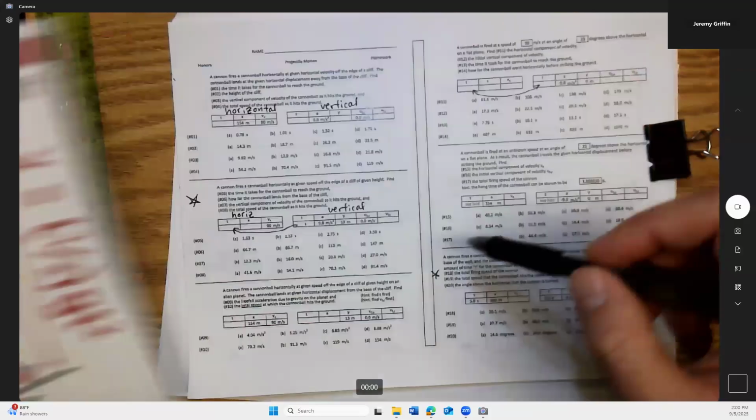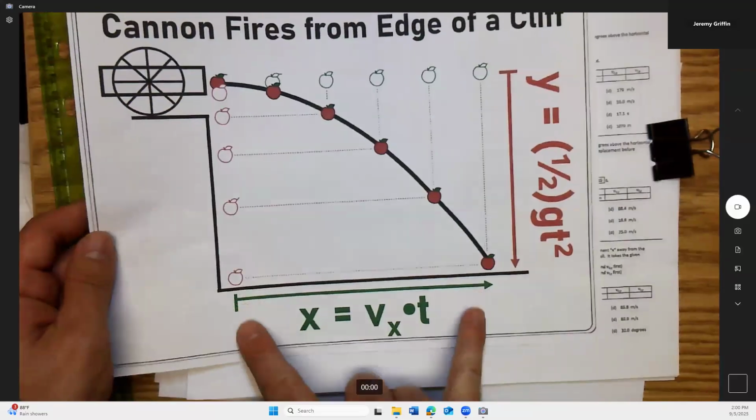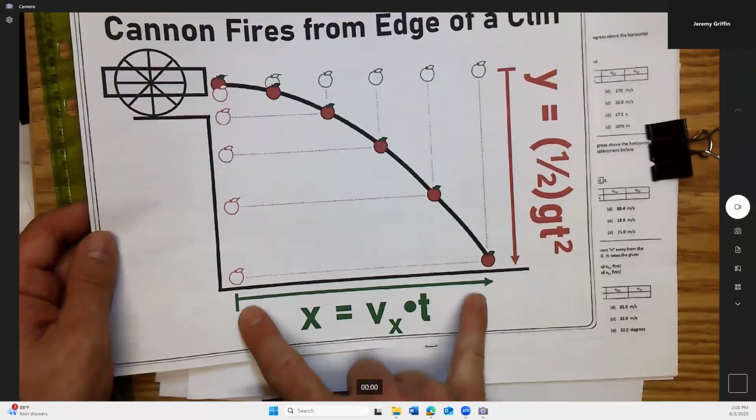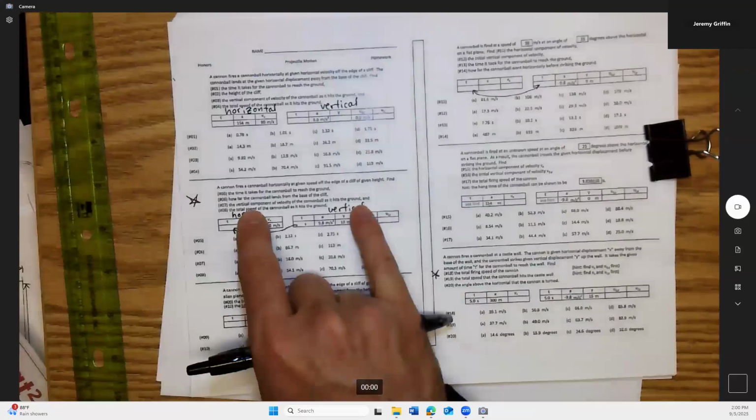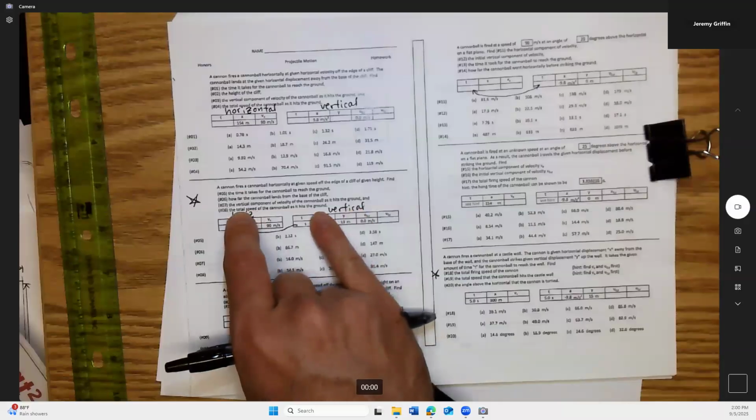How much time? Okay. How far does the cannonball land from the base of the cliff? Could that be this horizontal displacement that I have marked in green on this poster? How far from the base of the cliff? And there's a couple of questions at the end that go together, 7 and 8. Something about the vertical component of velocity, and then the horizontal component, and you can put that together and get the total crash speed.